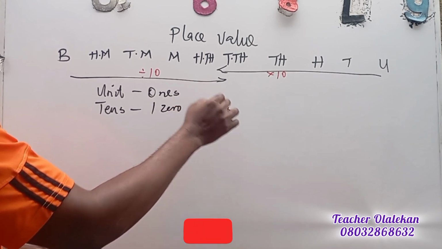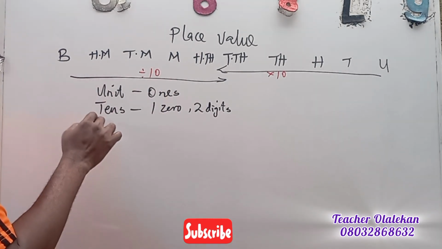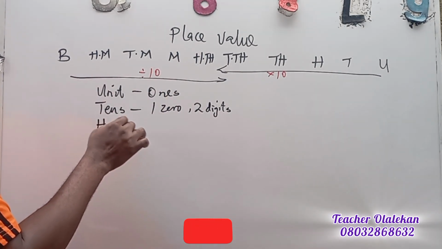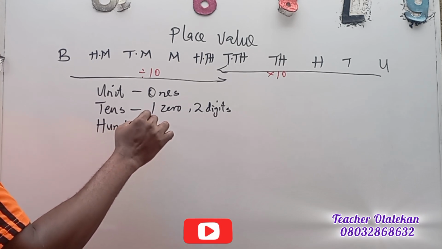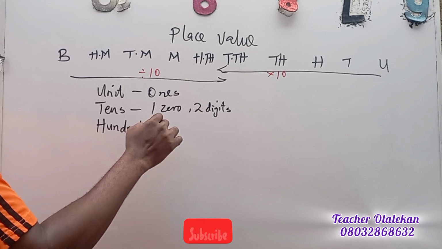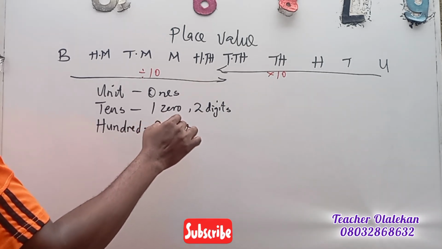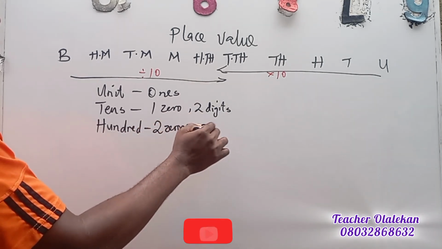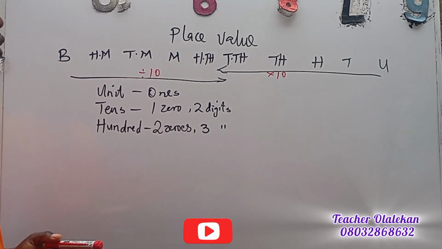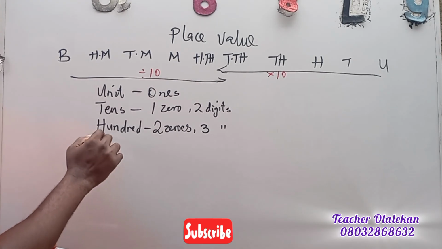So for tens, it has to be 2 digits. So for 100, sorry, 100 has 2 zeros and 3 digits. To make it faster, let's fast forward to 1,000.